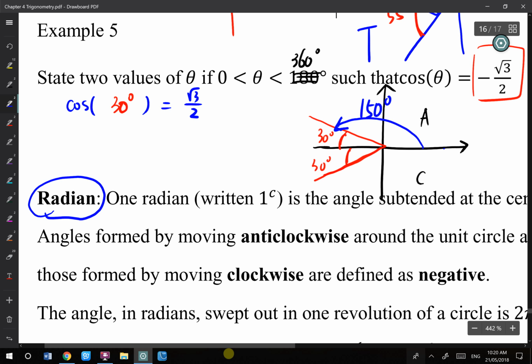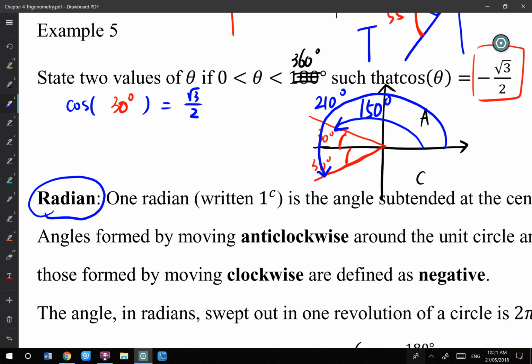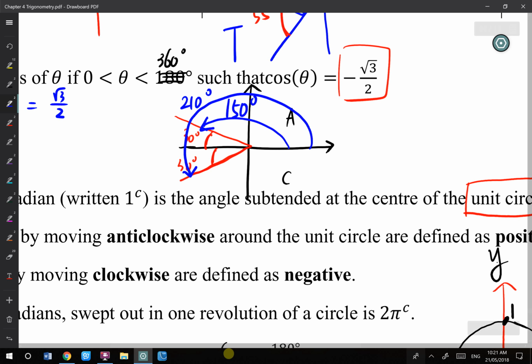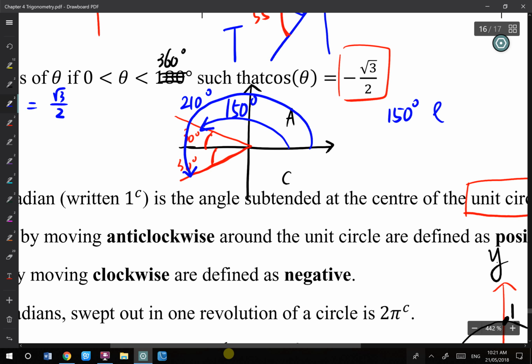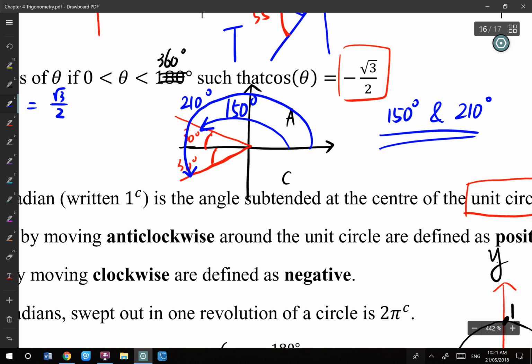And what's this one here? 210. Okay, 180 plus 30, so 210. So the two theta values must be 150 degrees and 210 degrees, in between 0 to 360.